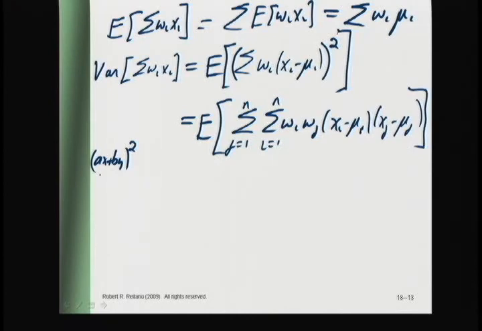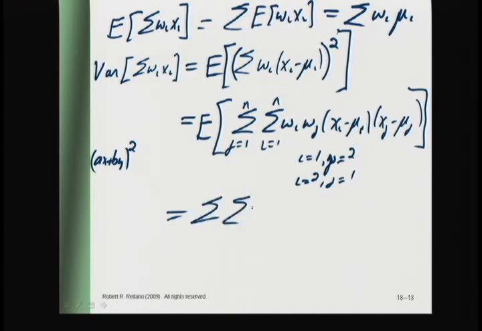I have a term in here, for example, where i is 1 and j is 2, and another term in that summation where i is 2 and j is 1. Well, they're the same term, but they're both counted rather than trying to simplify. Once I do that, the expectation of a sum is the sum of the expectations, and we finally have a double sum.